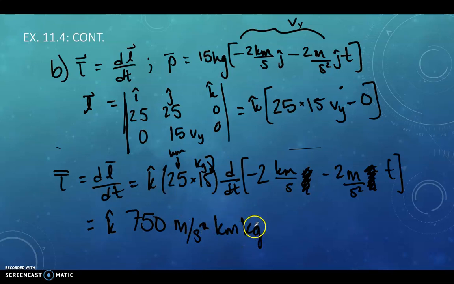So this is a very odd unit, so you would move this to meters. In 1 kilometer, we have 1,000 meters. So we should have 750 times 1,000.